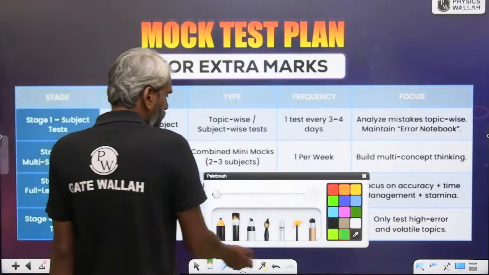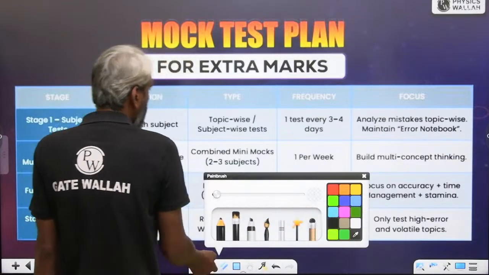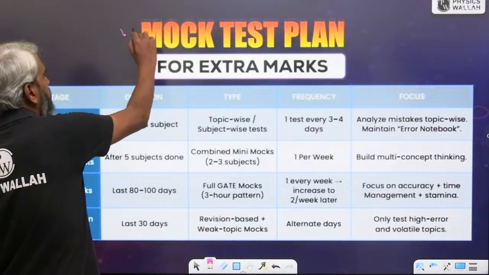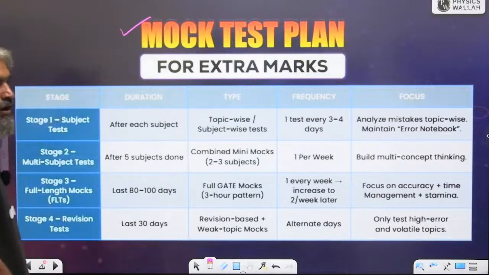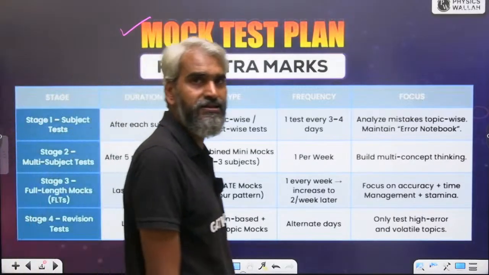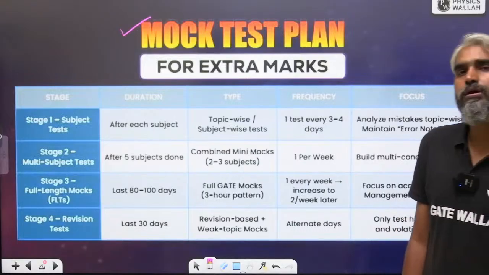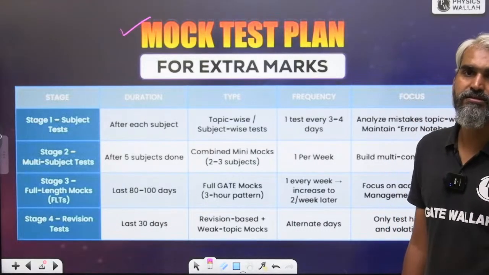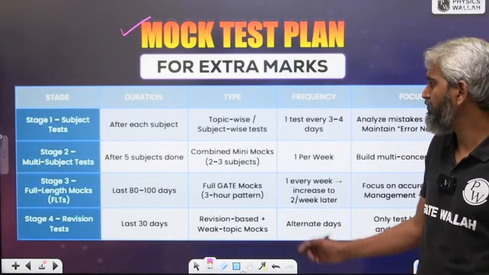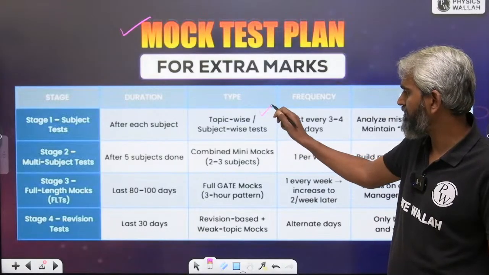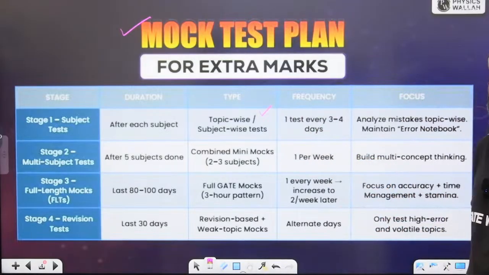Now, what will be the mock test plan to get some extra marks? Again, I'll divide it into stages. Stage 1: as soon as any subject is complete, you need to give the subject-wise or topic-wise mock test of that particular subject.